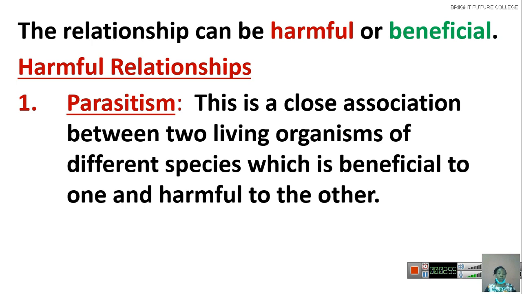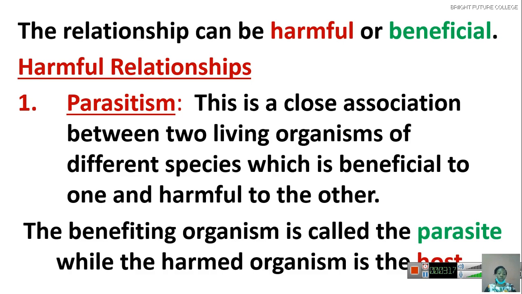Okay? So parasitism is a close association between two living organisms of different species, which is beneficial to one and harmful to the other. So in this kind of relationship, one does what? Benefits, while the other is what? Harmed.